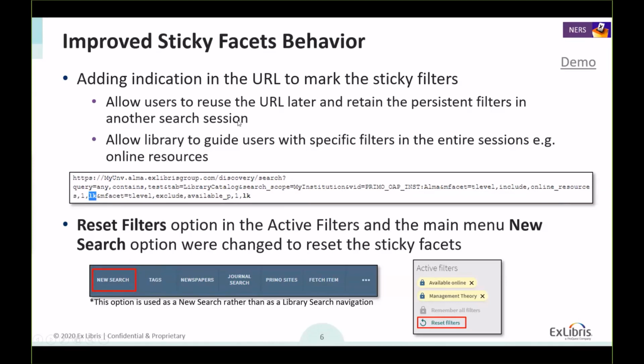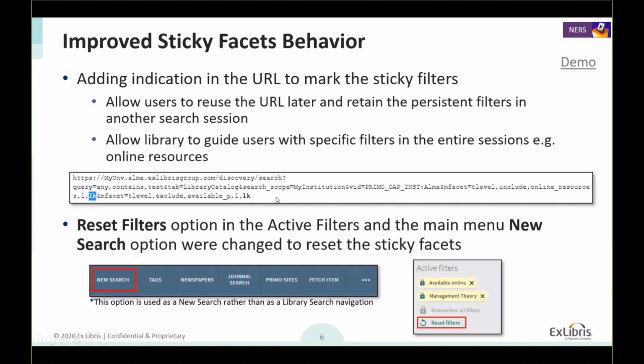You as a library can currently, with this corona situation, use the indication on the URL to guide your users to search for specific filters. For instance, to guide them to search through available online material, and while they continue their searches, their searches will still remain with the available online facet locked.